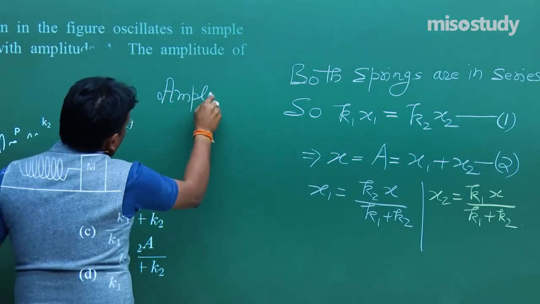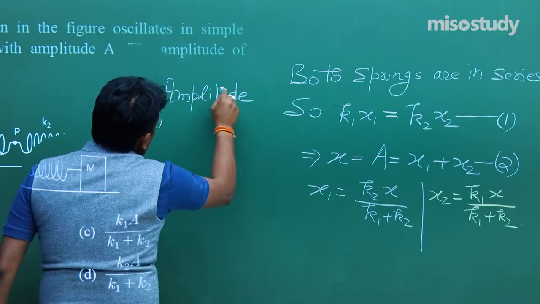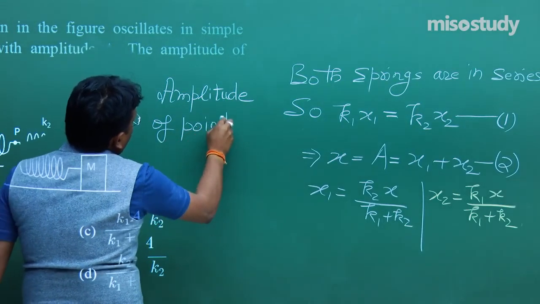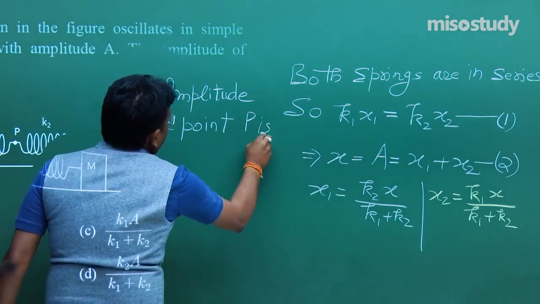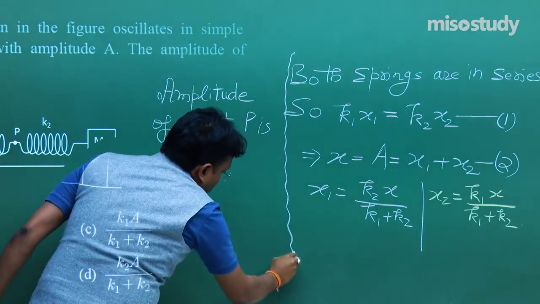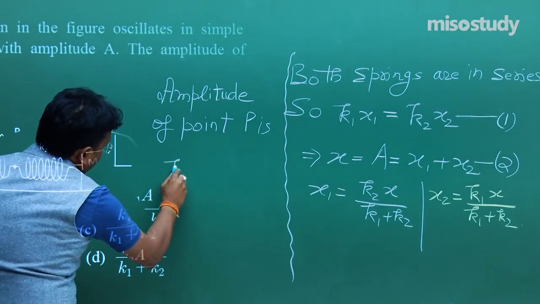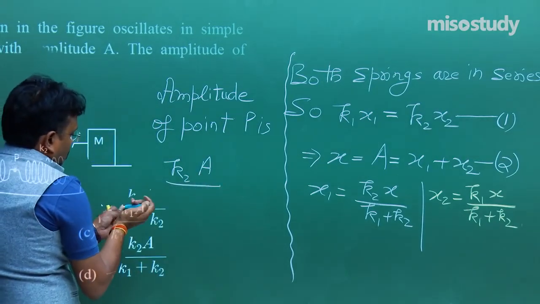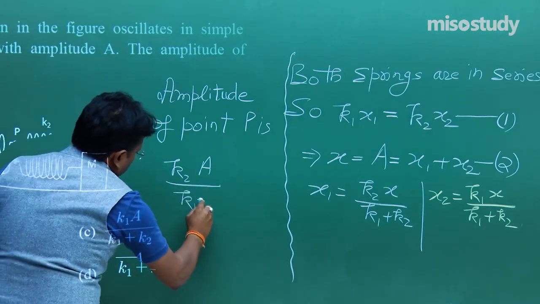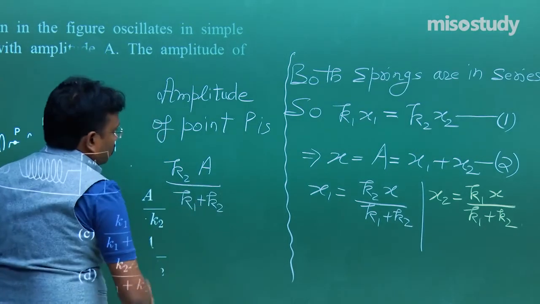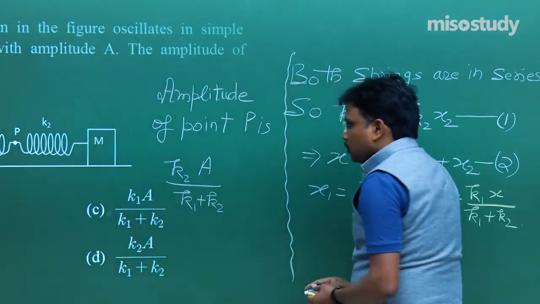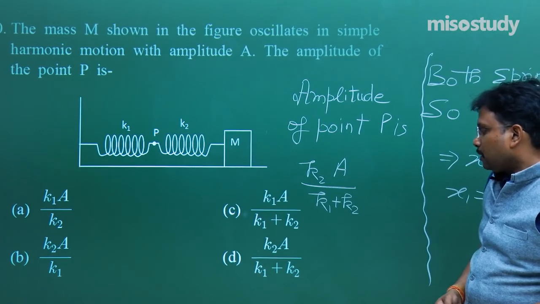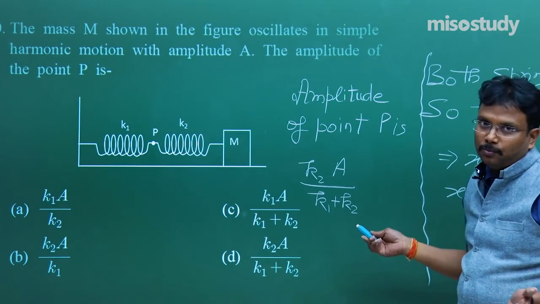Amplitude of point P is K2A upon K1 plus K2. Now I am going out of your view, you can compare. Fine. K2A upon K1 plus K2.